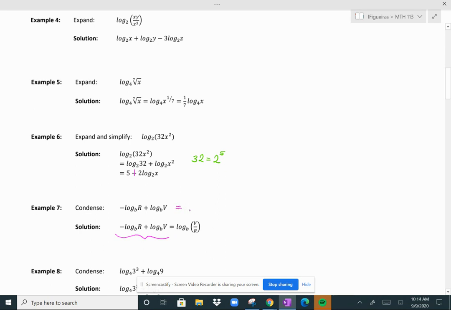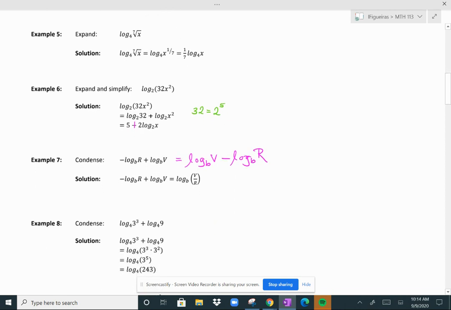Remember, if I just reordered this, this is the same as log base b of v minus log base b of capital R. So when you see it like this, you're clearly using the quotient law in order to compress it, and you get log base b of v divided by R. So you need to be able to think that through in order to use the appropriate log law.